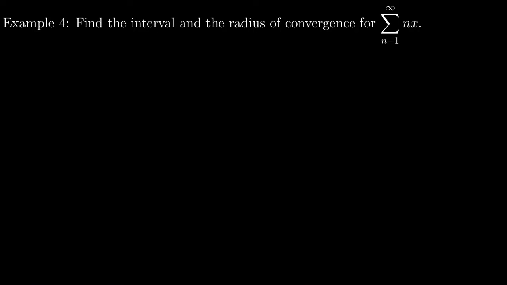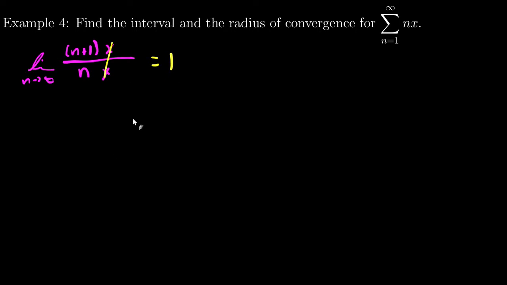On the other end of special cases is this one. I'll start off with the limit test. So limit as n approaches infinity of n plus 1 times x to the n plus 1 over n times x to the n. And in here, the x's, as we saw before, cancel. The limit of n plus 1 over n is going to be 1.